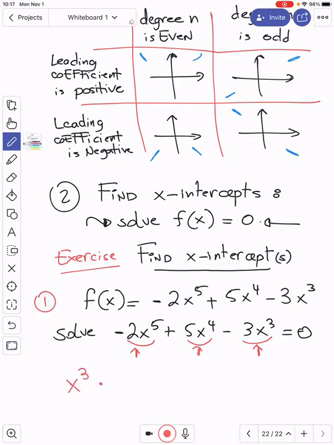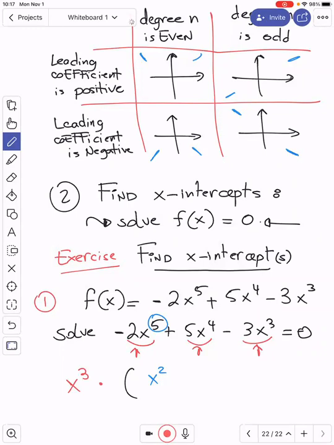All right, so that's x cubed times. If you pull out x cubed, this is x to the fifth, power 5. So then you're left with x squared, power 2. This is x squared because when you multiply the same base, you have to add the powers, right? 3 plus 2, that would be 5.